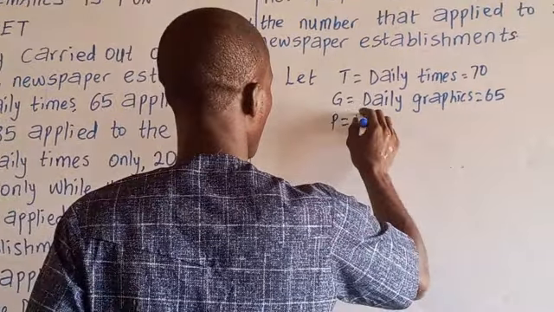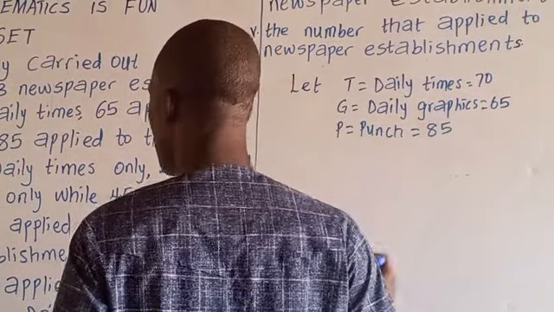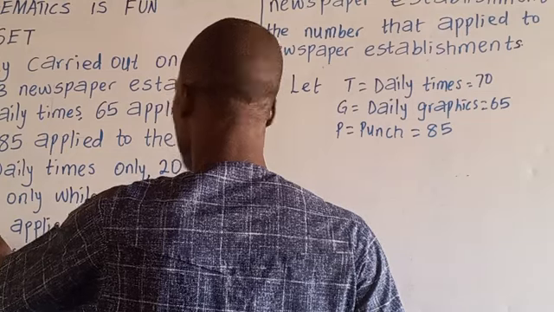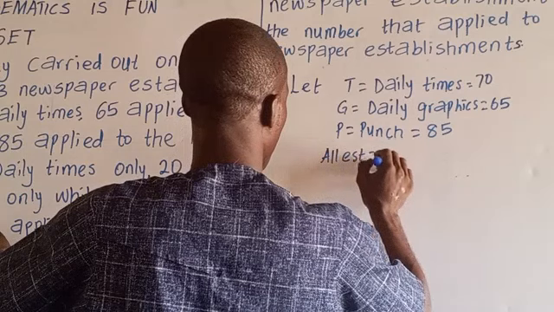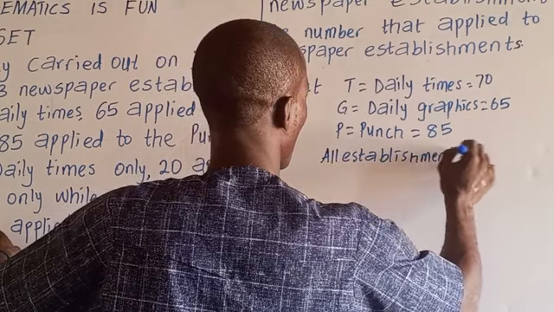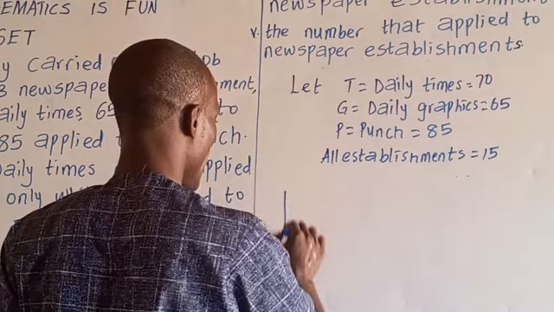So P equals Punch, here we have 85. All the 3 establishments we have 15. Let's quickly represent this using a Venn diagram.